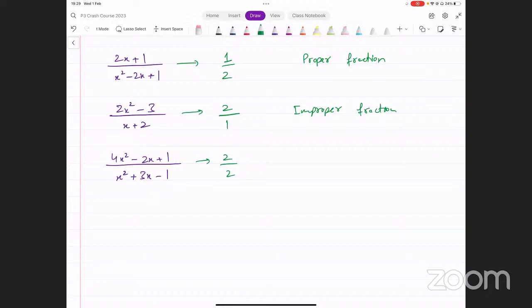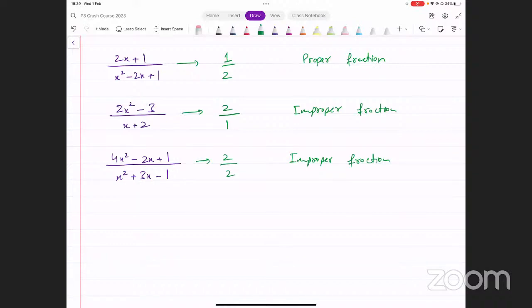When the degrees are the same, this is also classified as an improper fraction. So a proper fraction would only be when the numerator's degree is less than the denominator's. Otherwise, it's an improper fraction.